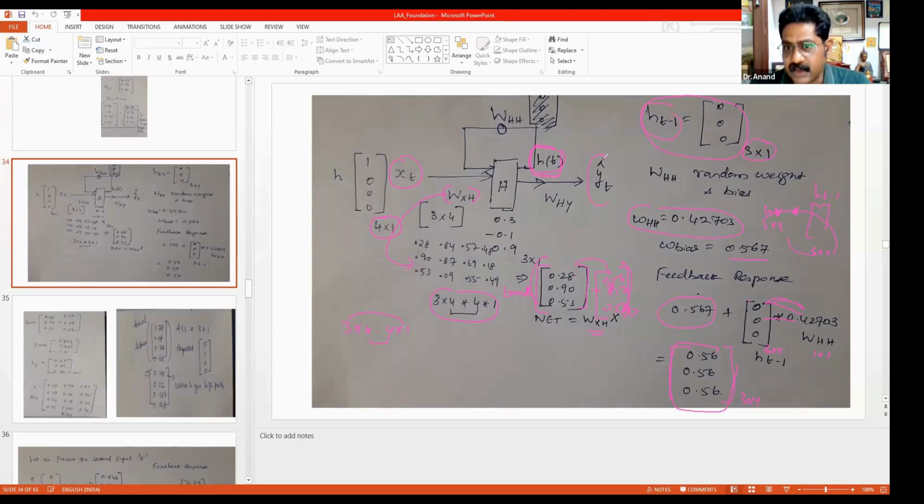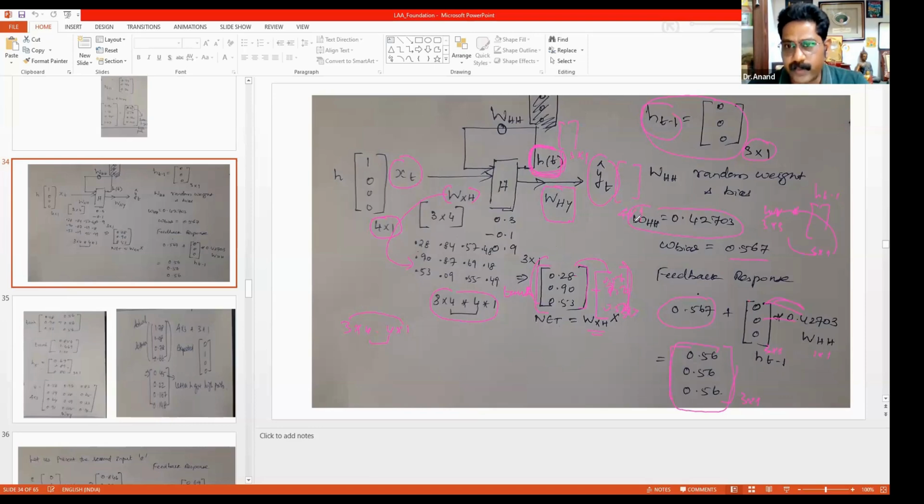What is my current state output? Whether this memory is good enough to yield the required output or not, I need to verify. So my current state memory HT will be scaled by my hidden to output weight matrix, which is represented as WHY. What is the size of HT we got? It is a 3x1 vector, right? What is the size of the output I wanted to get? 4x1.